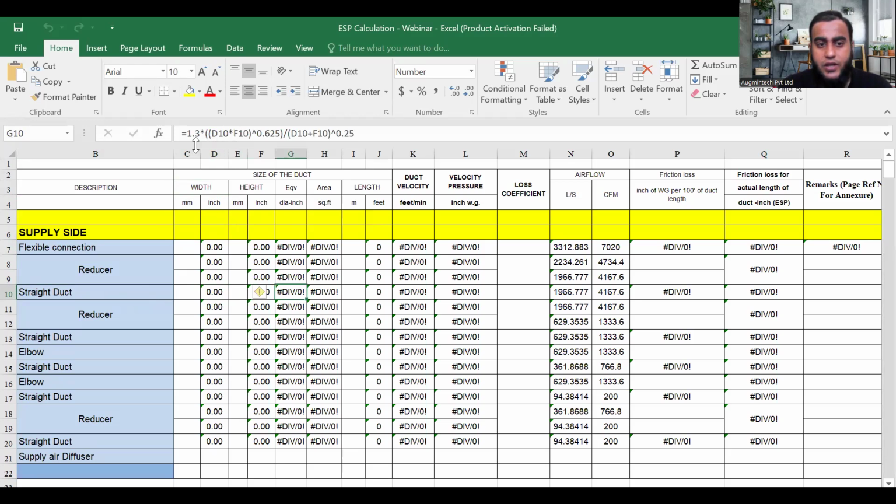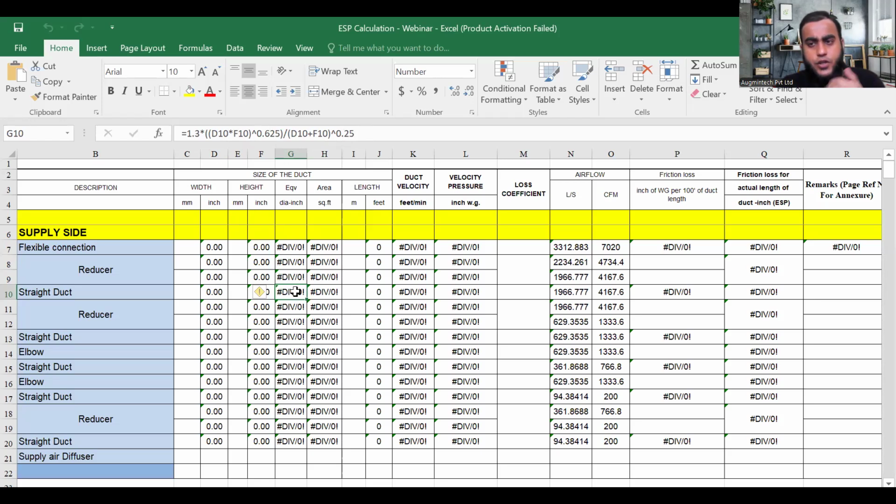To find the equivalent diameter, the formula I showed in the image in the PPT is 1.3 times (width times height) to the power 0.625, divided by (width plus height) to the power 0.25. The same formula I am using here.